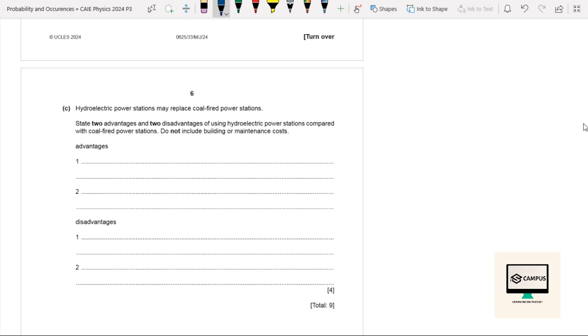They add to global warming and deteriorate the environment. Okay, that's one advantage of using hydroelectric power plants, because the coal-fired power plants have carbon footprints.